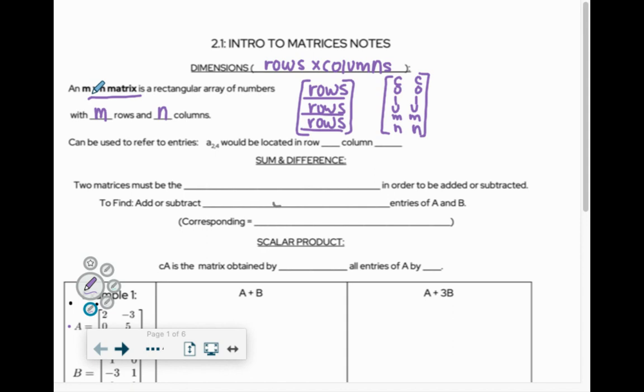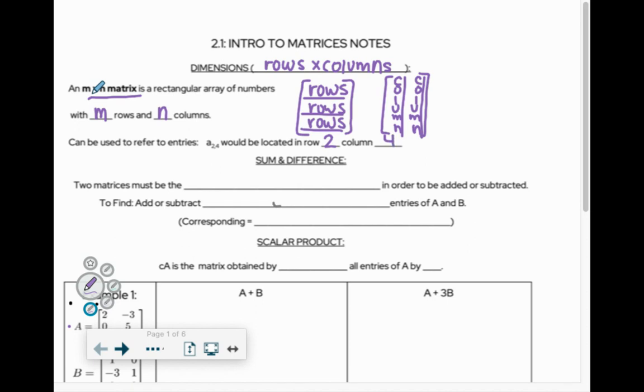So they get counted up and down, but rows go side to side themselves. And this is 1, 2 columns that go up and down. We can also use this to refer to entries. So for example, A2,4 would be in row 2, column 4.